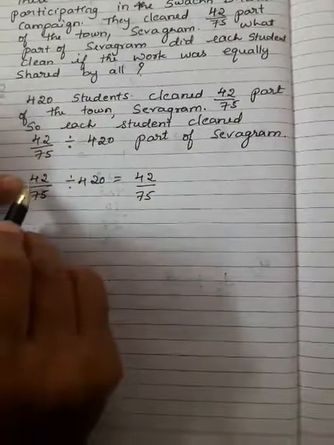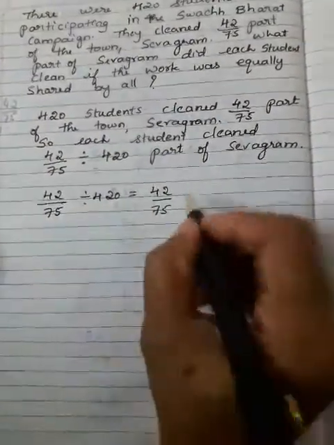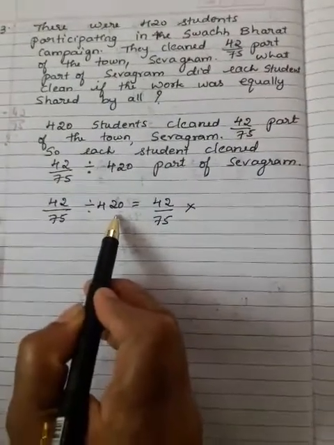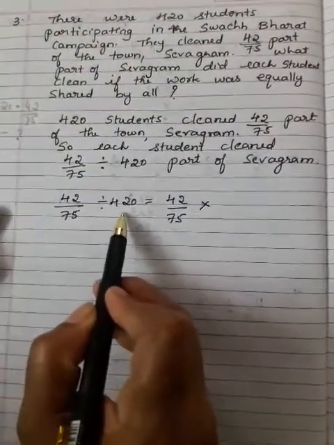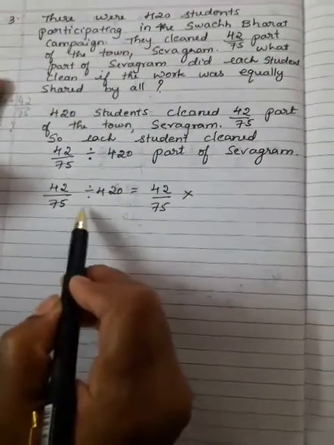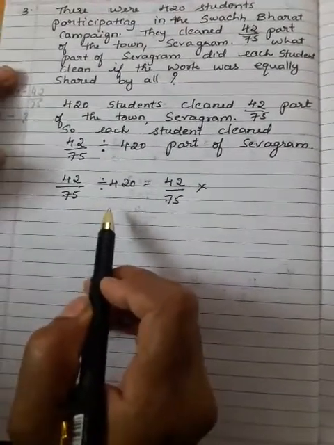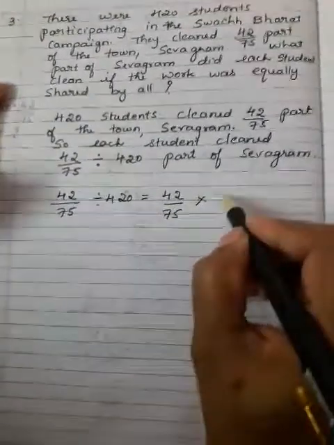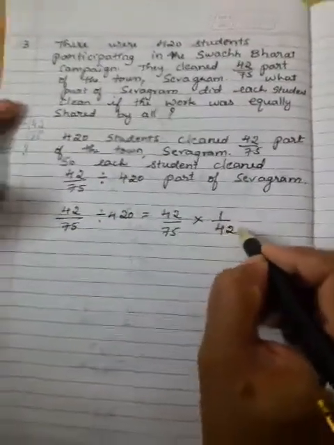What is the reciprocal of 420? 420 means 420 upon 1, so the reciprocal is 1 upon 420.